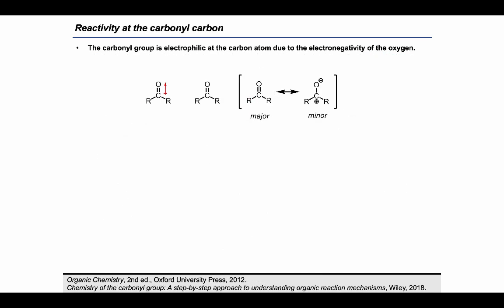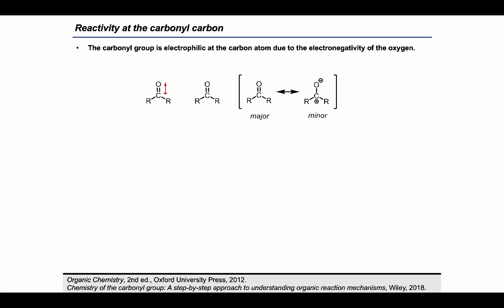The carbonyl group is characterized by a carbon-oxygen double bond, which is highly polar due to the difference in electronegativity between carbon and oxygen. The more electronegative oxygen atom draws electron density away from the carbon atom, creating a partial positive charge on the carbon. This partial positive charge makes the carbonyl carbon electrophilic, making it susceptible to attack by nucleophiles.